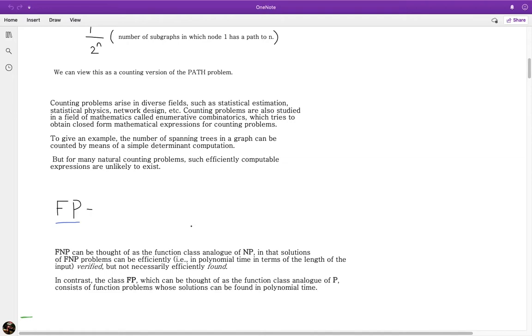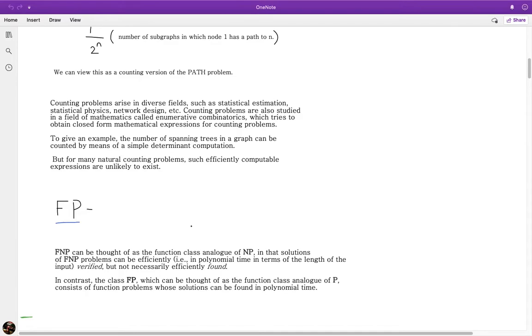So basically there we try to obtain a closed form mathematical expression for counting problems. One more example of a counting problem is the number of spanning trees in a graph, and as we know, that can be done by finding a simple determinant computation.